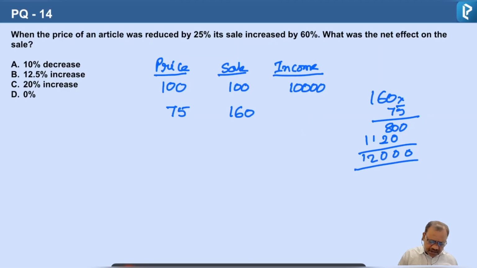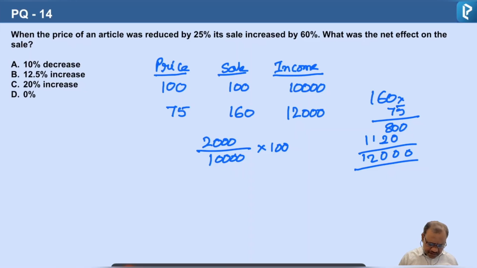So that is 12,000. So income is 12,000. So what is the increase here? Increase is 2,000. 2,000 is how much percentage in 10,000? Since it is percent, multiply by 100.